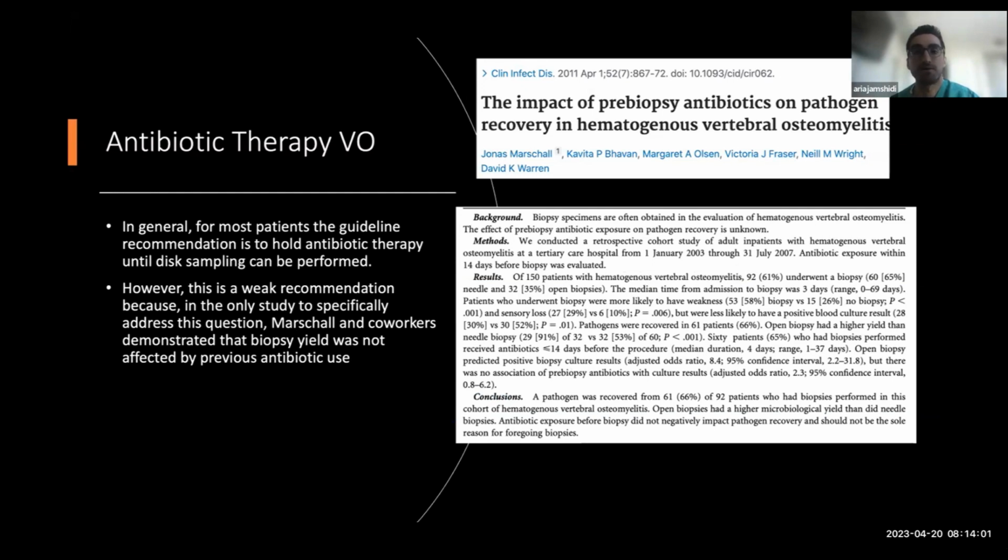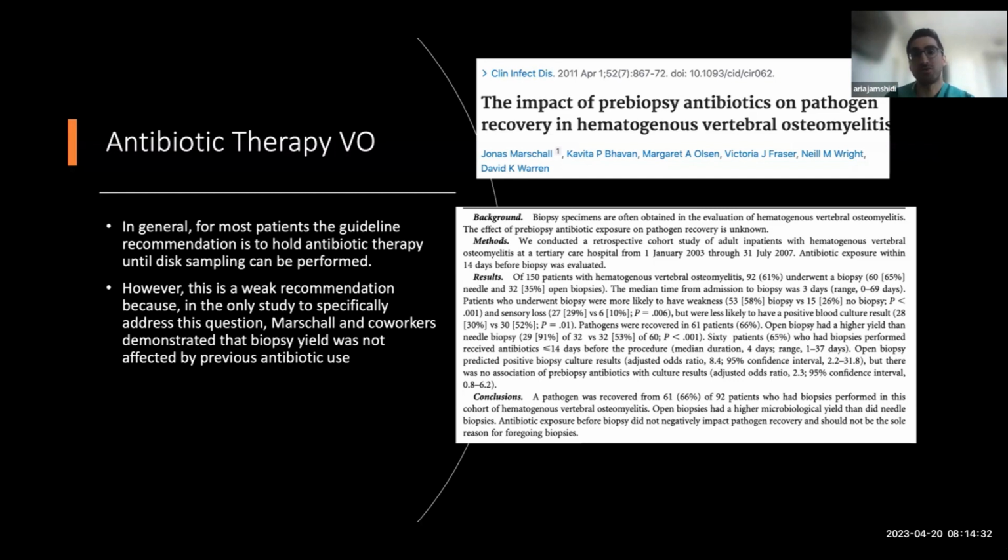There was a group by Johannes Marshall published in 2011. They looked at the impact of pre-biopsy antibiotics on pathogen recovery in hematogenous vertebral osteomyelitis. And you can see in the results, open biopsy predicted positive biopsy culture results. They found that there was no association of pre-biopsy antibiotics with culture results, indicating that giving antibiotics preoperatively did not make a huge difference.